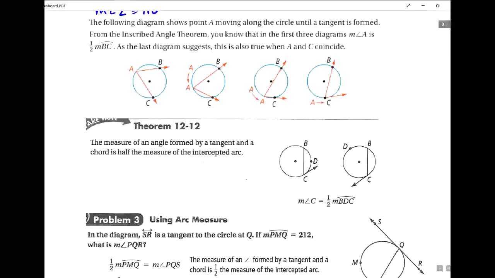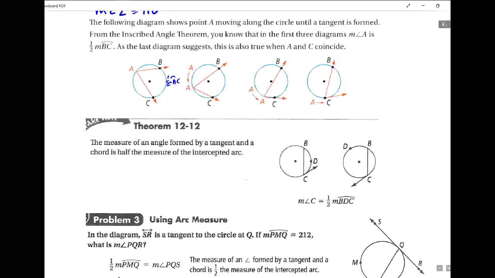Okay, let's look at our next case here. We have an inscribed angle, angle BAC. And what's happening here is that point A is moving closer to point C. Now, we know that right here, this angle is 1/2 of the measure of arc BC.